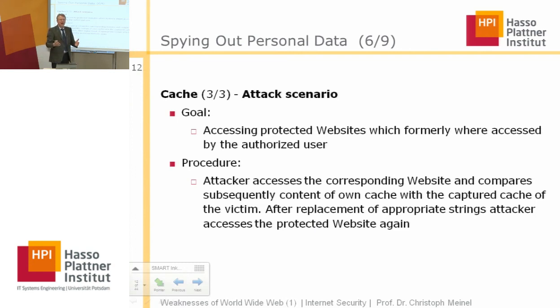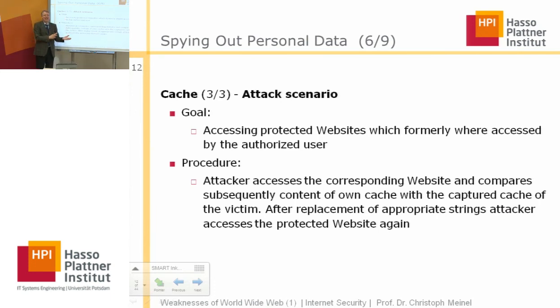And the difference is, for example, the correct authorization that was given by the user. So he has to compare the own cache of this website with the captured cache of the victim system, and then he or she has only to replace the appropriate strings.